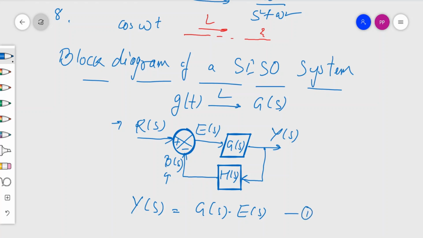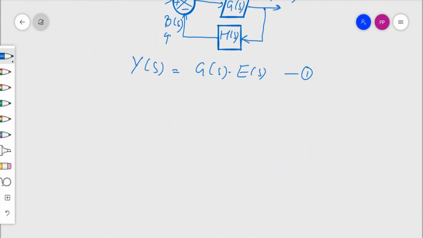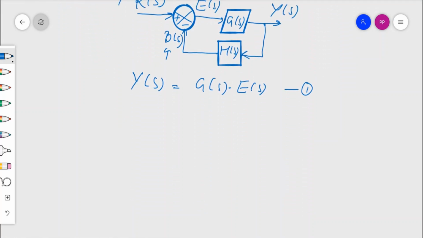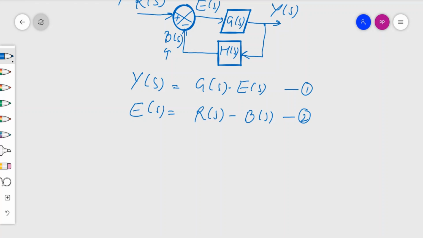So this is the first equation: Y(s) = G(s)E(s). Next, we get E(s) in the block diagram, and this E(s) is the result of the comparison of two signals, R(s) and B(s). So this is the second equation. And this B(s) is basically the feedback signal, the product of the system transfer function H(s) and the signal Y(s). This is the third one.